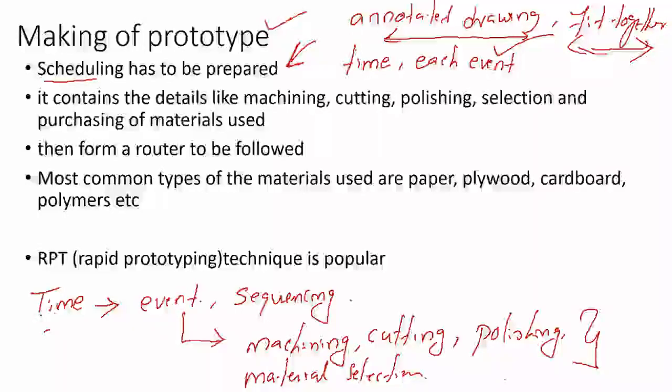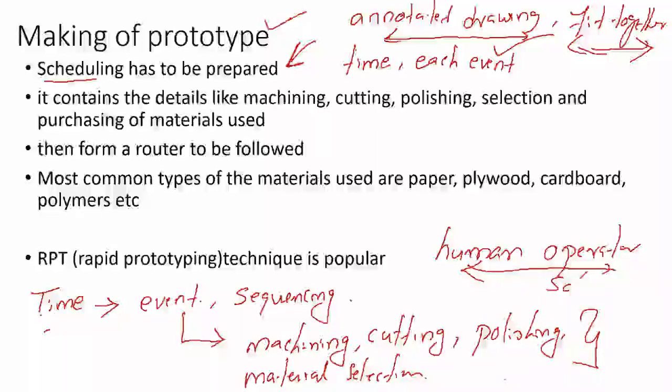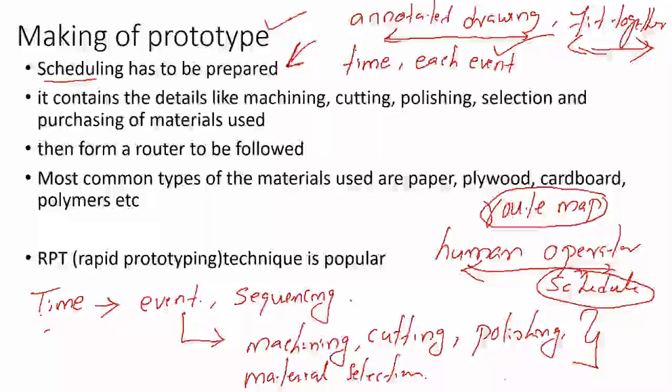The availability of these parts and materials, and with the help of a human operator who has been given this particular schedule, the scheduling operation will give you the exact route map of the particular fabrication process.